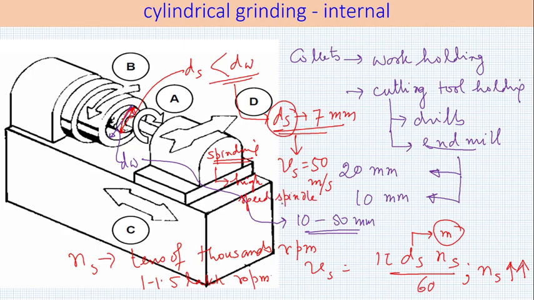See, if you look at the kinematic requirement of an internal grinding machine and an external cylindrical grinding machine, there is not much difference. But because of the high speed spindle requirement, and which has to accommodate smaller diameter grinding wheels, most of the time these two machines are different, internal cylindrical grinding and external cylindrical grinding.